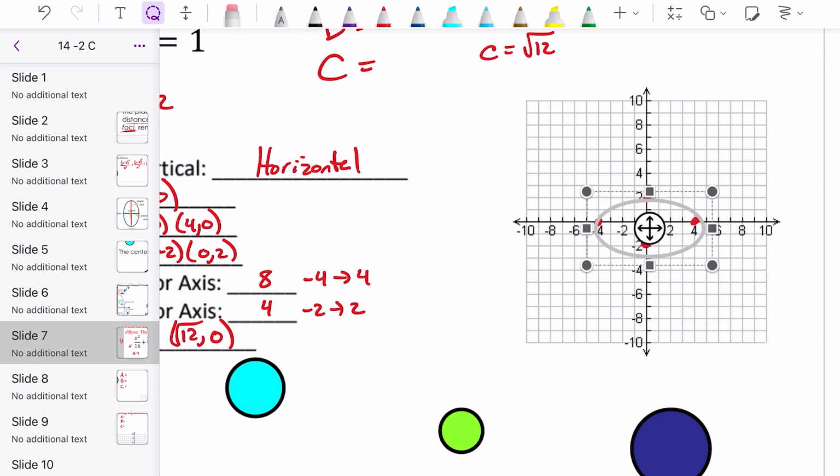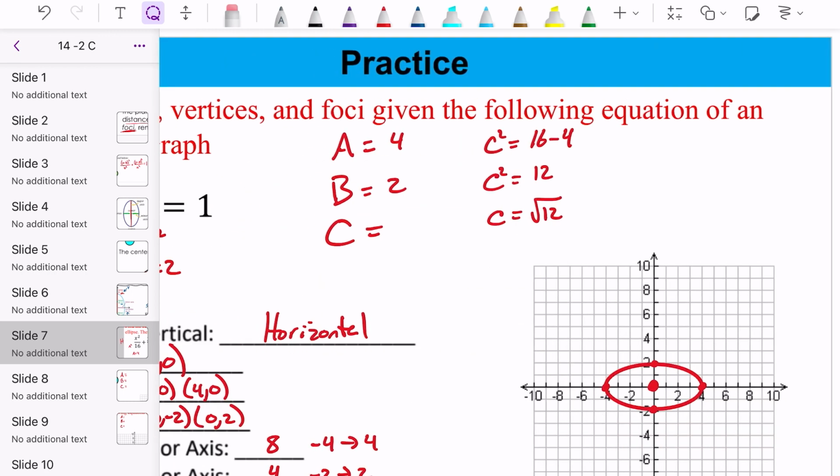Now, once you have everything set up, you can go ahead and draw your graph.